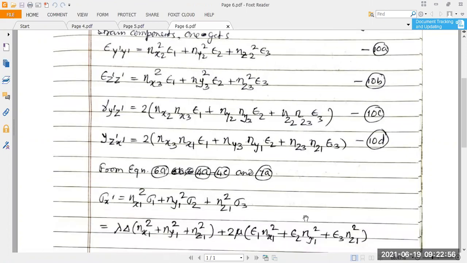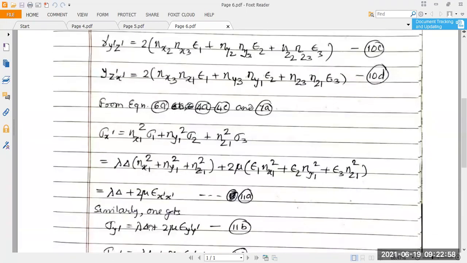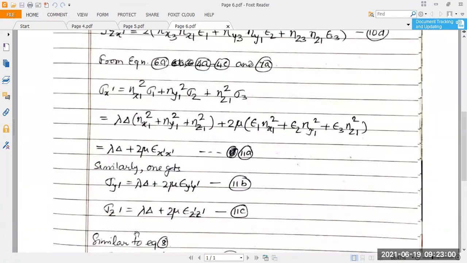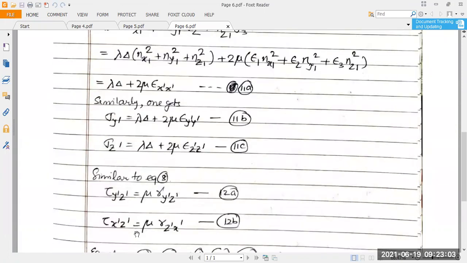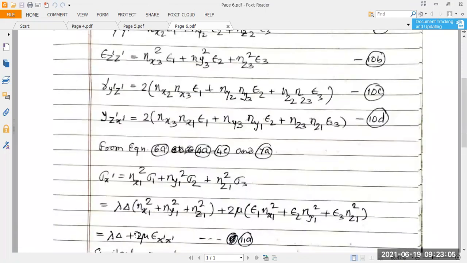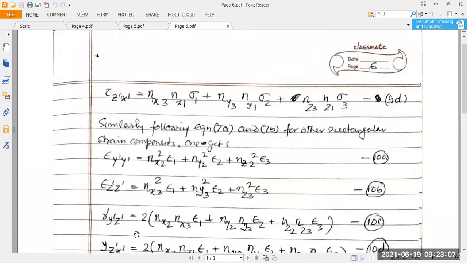From the equation, we get the value of sigma y. First, sigma y and sigma z, we have got these two terms, and then we got tau yz.